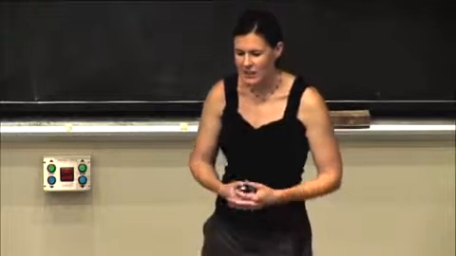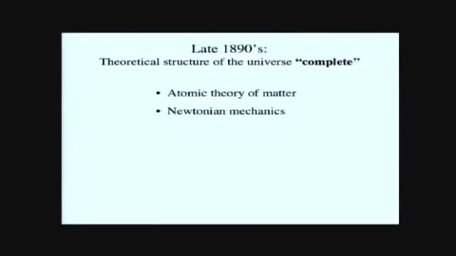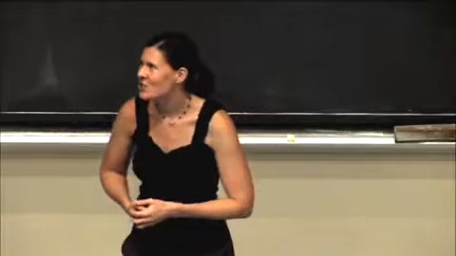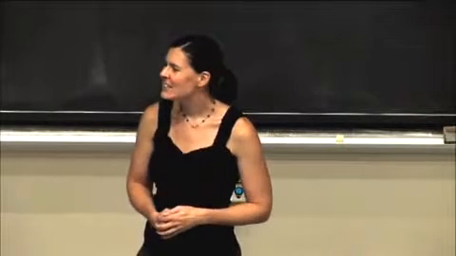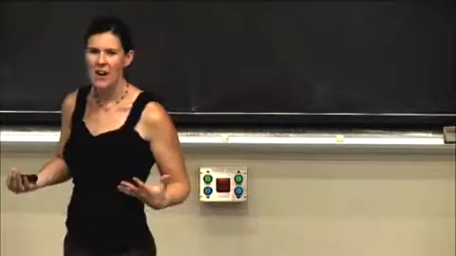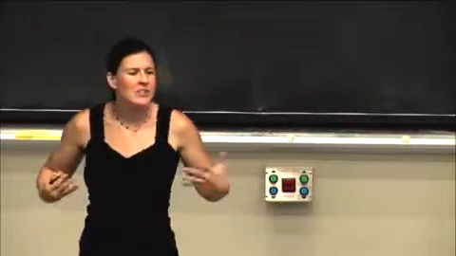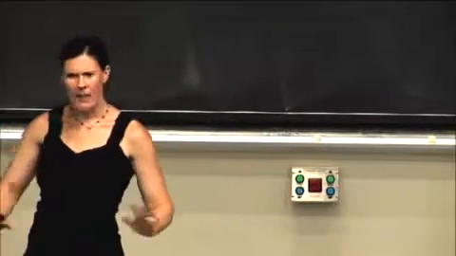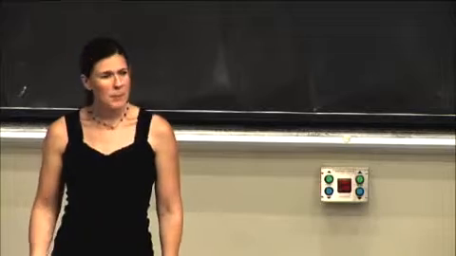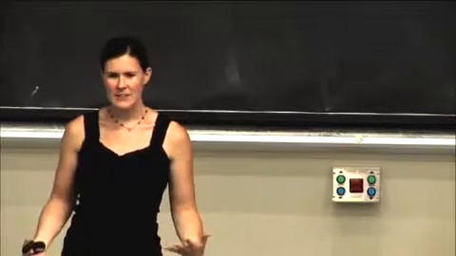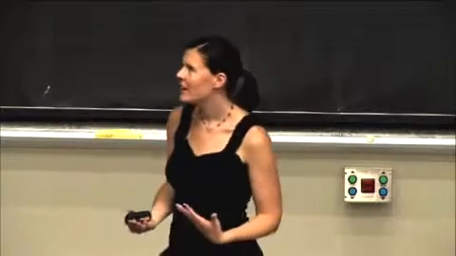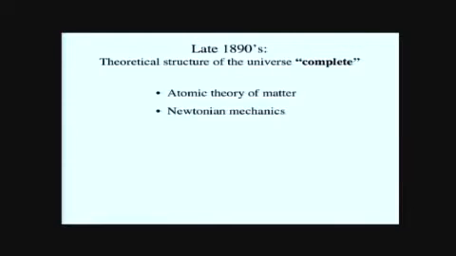So this all starts, in terms of putting it in its historical context, at the turn of the century. We said we'd start right in on the 20th century. Where we were at the start of the 20th century, in the late 1890s, is that we were at a place where there was great confidence in our understanding of the universe and how all matter worked. People in the chemistry community and in the physics community had this general feeling that the theoretical structure of the entire universe was pretty well understood.